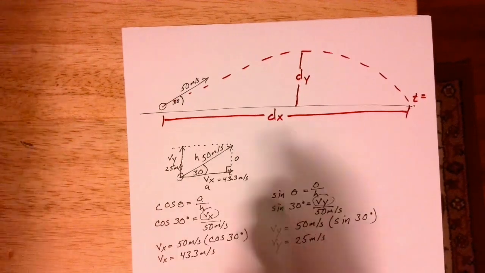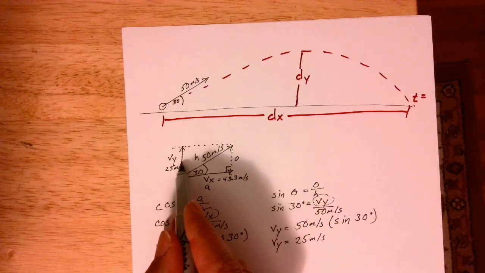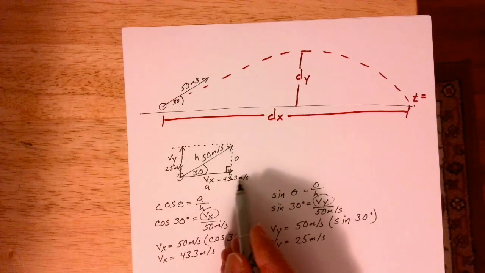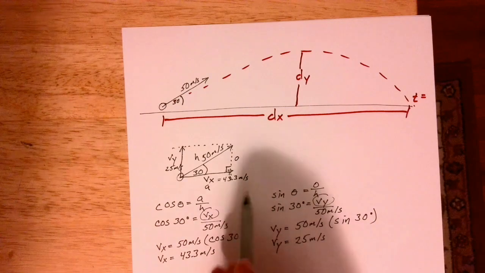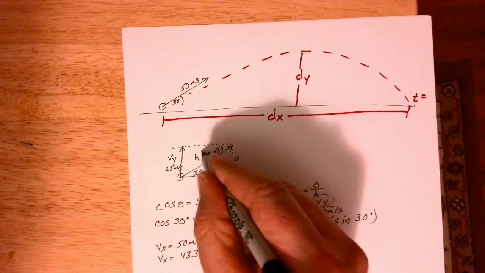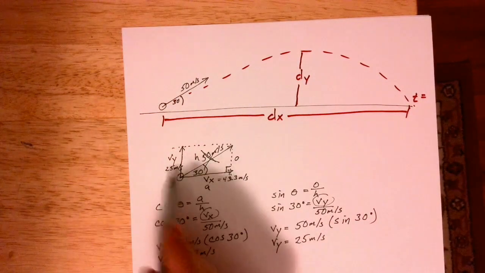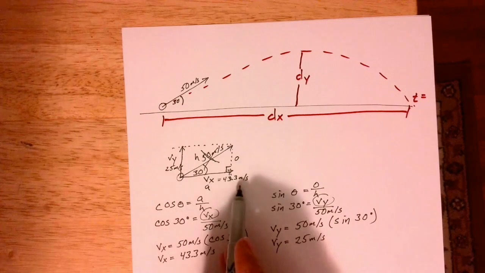Now, since we have these two velocities, the velocity in the y direction and the velocity in the x direction, this 30 degrees and 50 meters per second doesn't matter anymore. What's most important are these two velocities now.